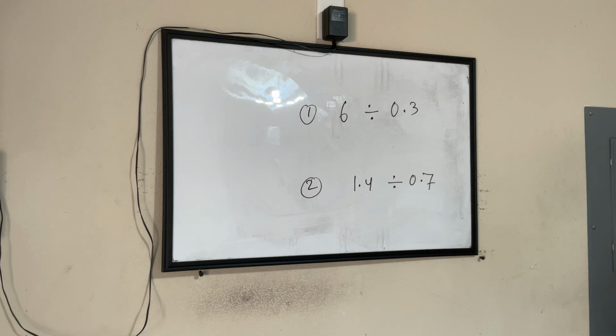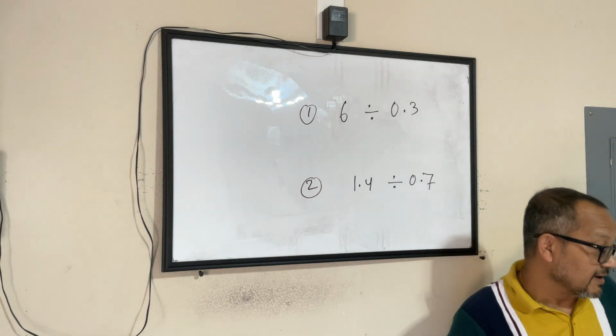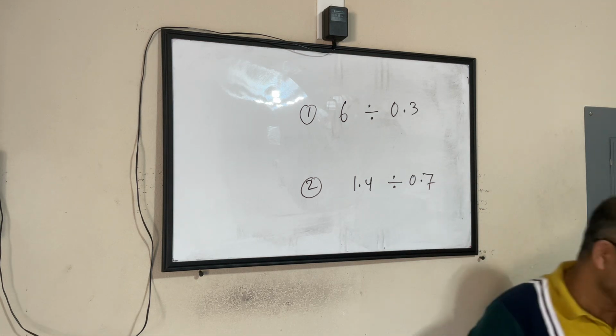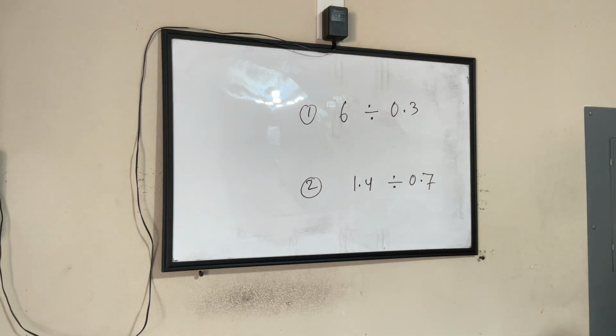But how? Okay. Not that way. Whatever we learned about how you deal with decimals, that will help. Try that way. I'll explain it. Don't worry about it. I'll explain it.